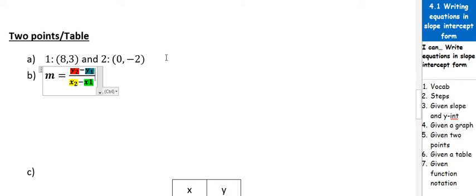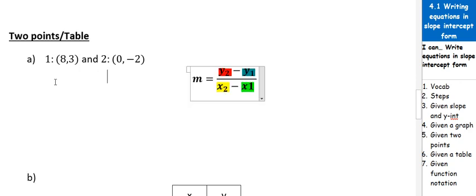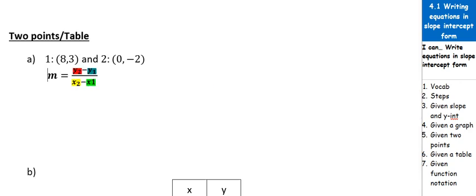My slope equation, y2. Here's my second one, here's the y value. My first one, here's the y value. Second one, x value. First one, x value.